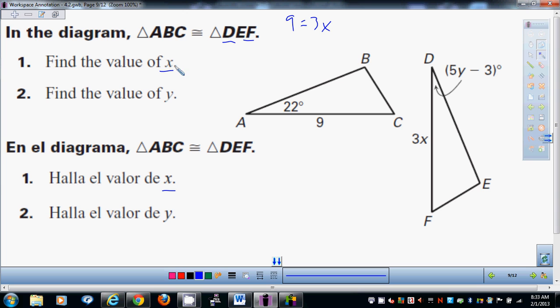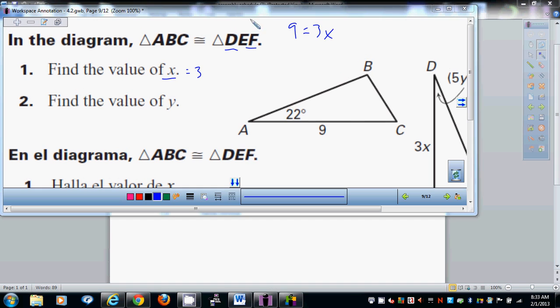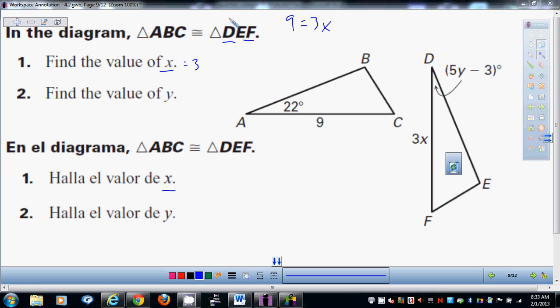How are we going to find angle D? Or Y, I should say. D is congruent to what angle? A. The first one. The first one and the first one go together. D and A. So that's what? How would I set that up?